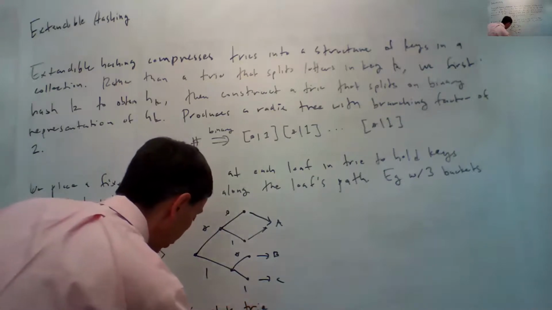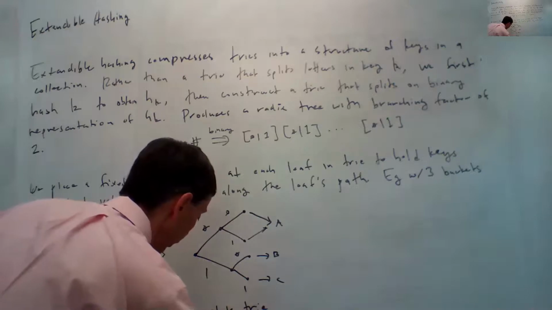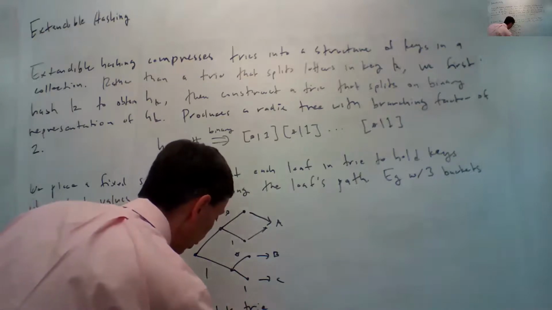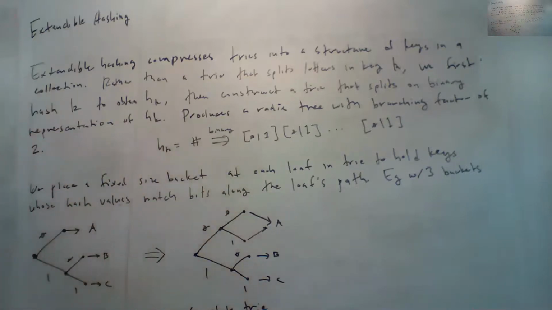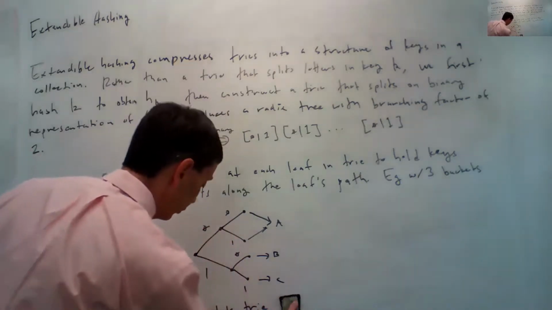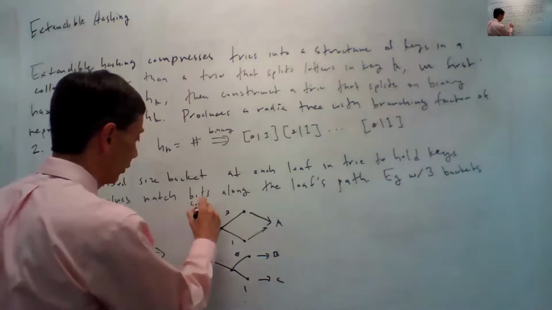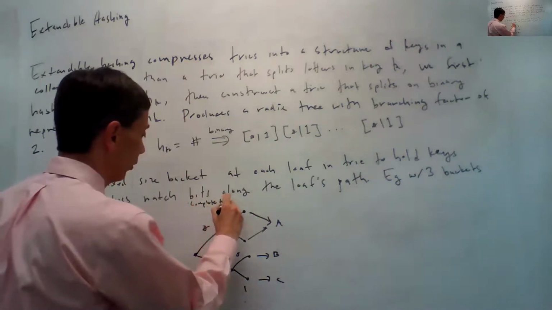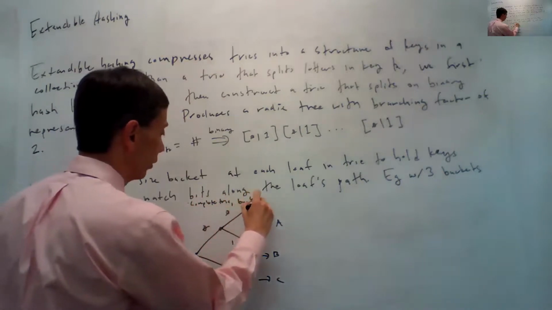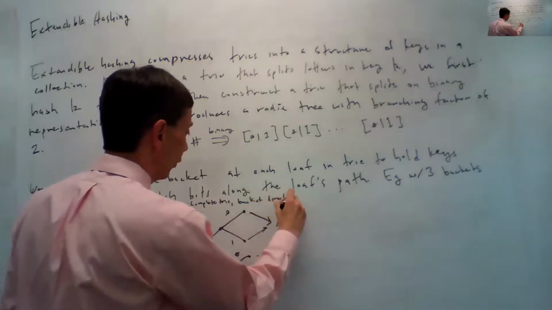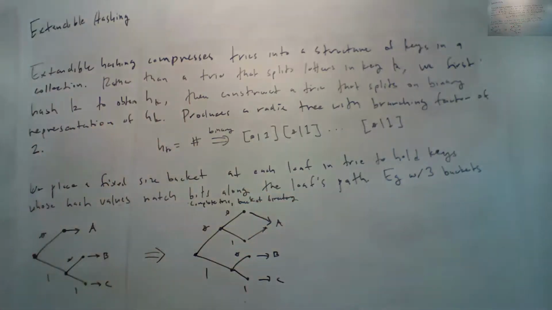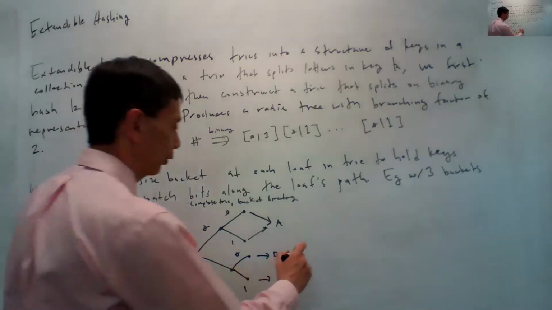It's actually also called a bucket directory in extendable hashing. So this is a complete trie, or a bucket directory, in extendable hashing terminology. Why do I care about that? Because if I have a complete trie or bucket directory like this, then I can convert it into an array.